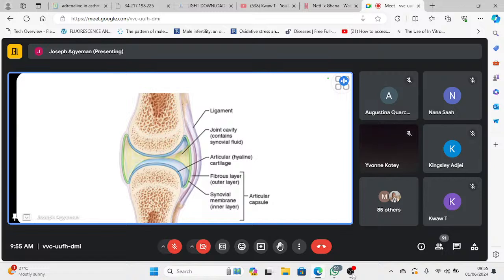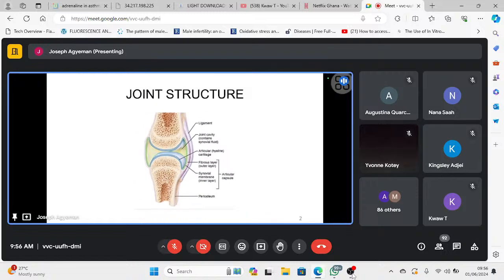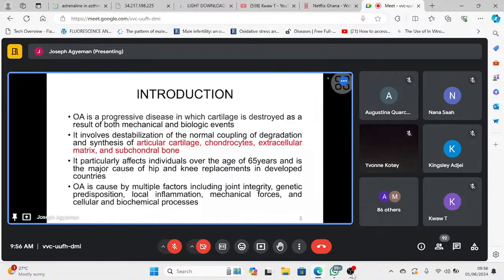No lubricant, no covering of the surfaces of the bone. You are going to get the two bones rubbing against each other. That will cause excessive pain. This is what is referred to as osteoarthritis.